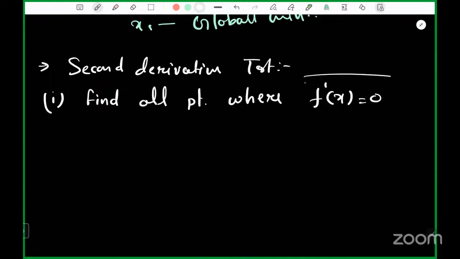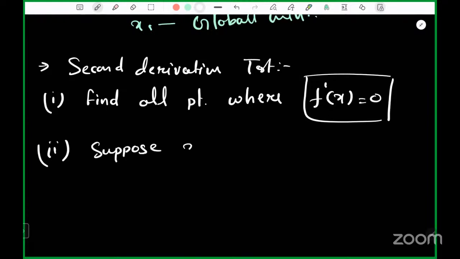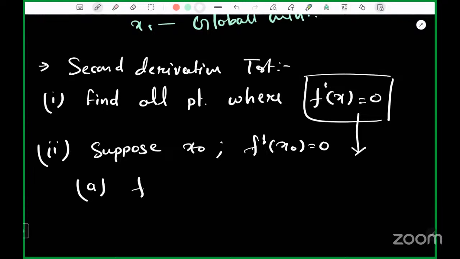First you have to solve this equation and get several roots. Suppose x0 is a point such that f dash at x0 is equal to 0. Then over these roots, you have to check the sign of the second derivative. The first statement says, if the second derivative at this point is greater than 0, then at x equals x0 we have a local minima.